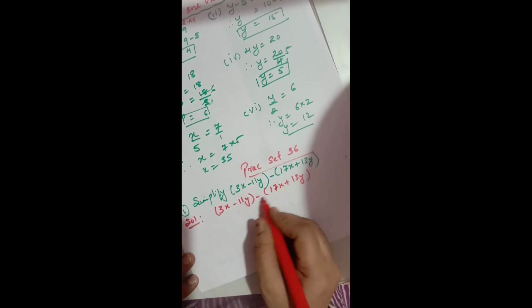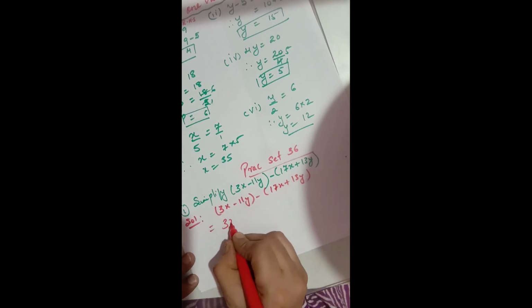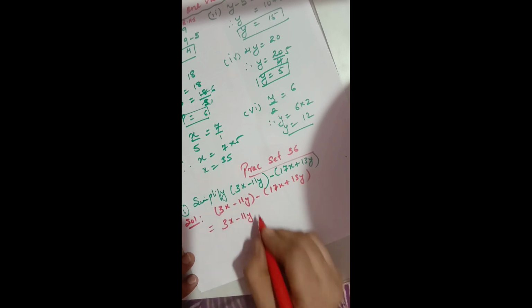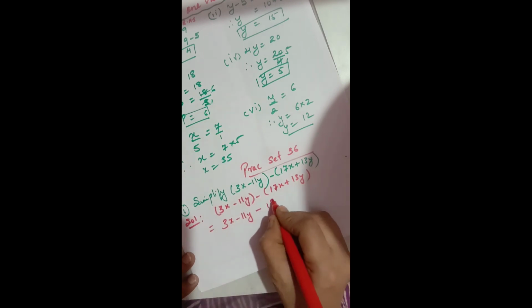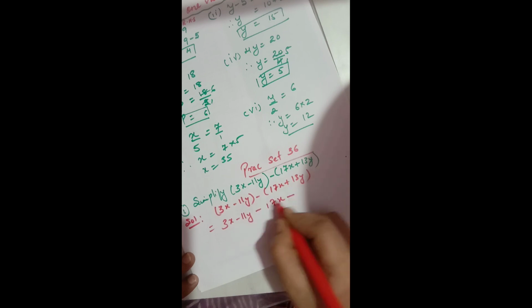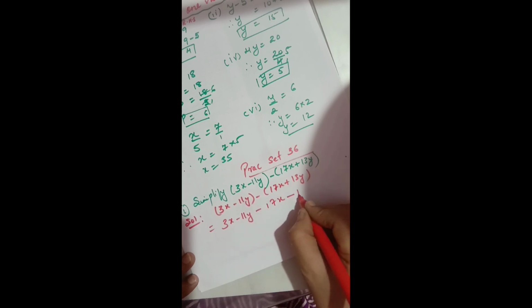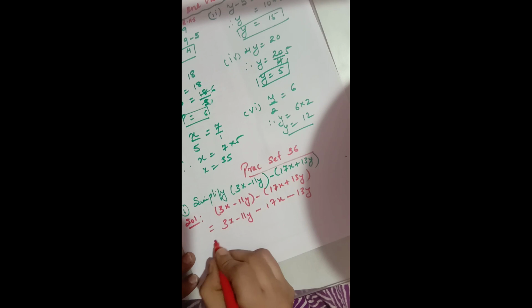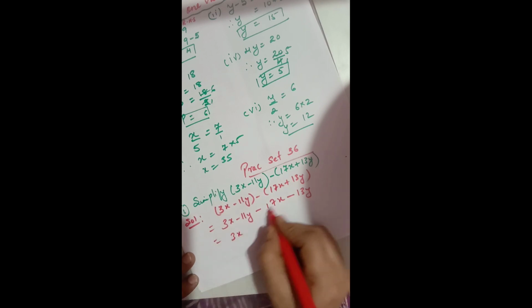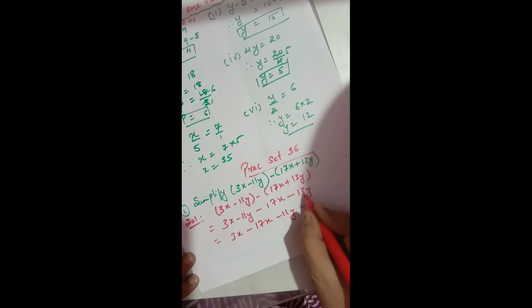Now next step, you are going to open the bracket. This is equal to 3x minus 11y minus 17x, now minus plus minus, 13y. So this is equal to 3x, bringing the like terms together, minus 17x minus 11y minus 13y.